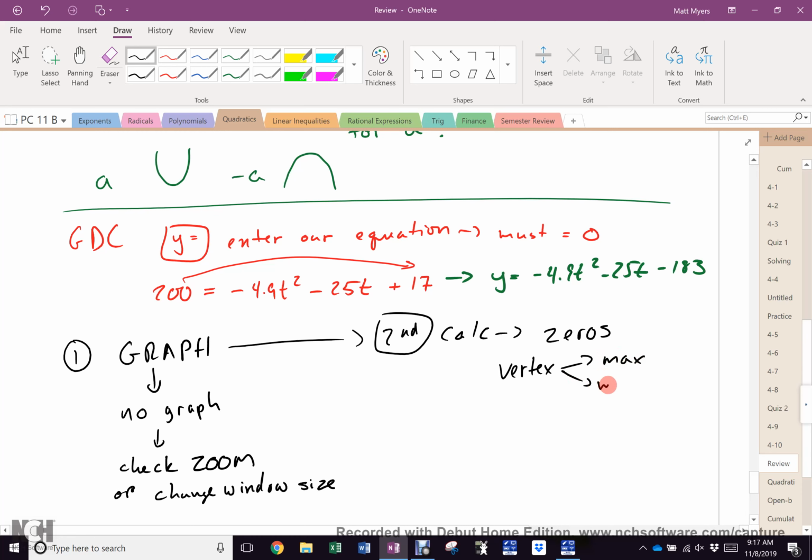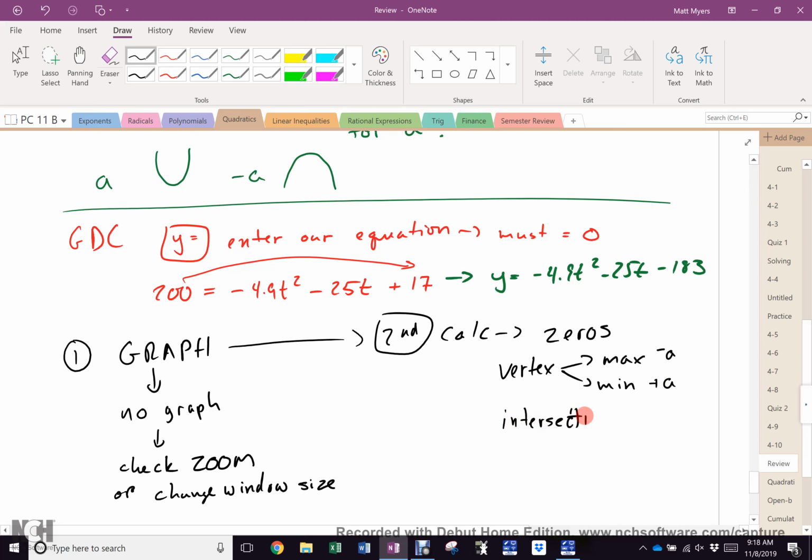Max or min. If it's a maximum we seek, then that means our A was negative. Is this negative? So it's a maximum. If it's a minimum we seek, our A was positive. The other thing we may be seeking are intersections.